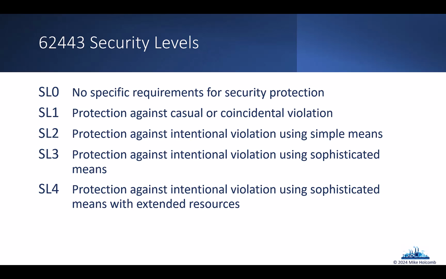Now, there's protection against casual and coincidental violation for security level 1. A lot of that's usually employees doing things they shouldn't be doing. Or maybe a script kiddie, one of those so-called hackers who just downloaded a free tool, and maybe you accidentally had an asset exposed to the internet, and they found it through Shodan and threw an exploit at it and got lucky.